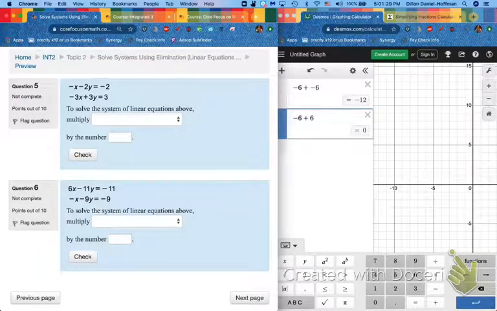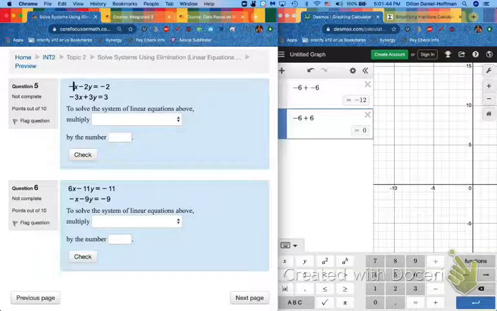Number 5 says negative x and negative 3x, negative 2y and 3y. Okay. To solve this equation, the y is going to be 2 steps, but the x, remember if we don't have a number like it says negative x, that's the same thing as writing negative 1x.